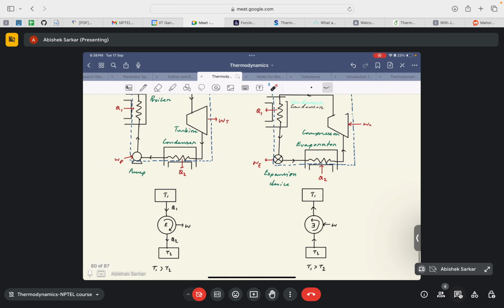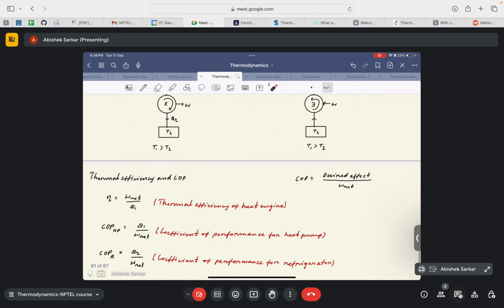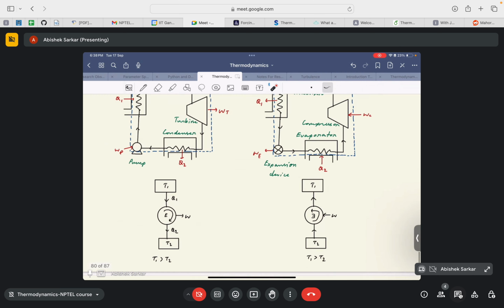So in the case of heat pump, the desired effect would be Q1, and that's why we write the COP of a heat pump as Q1 by the net work input. Similarly, in the case of a refrigerator, the heat absorbed out of the area which we want to cool is the desired effect.